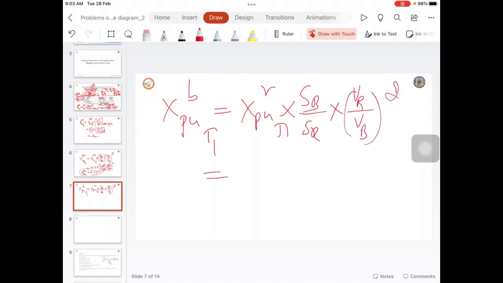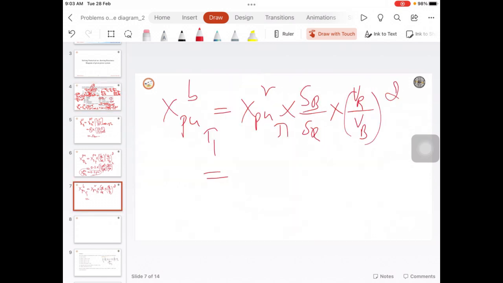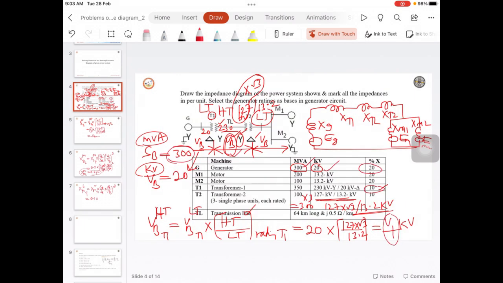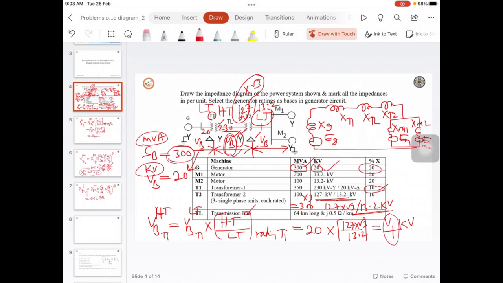The given value for transformer 1 is 10%, that is 0.1. SB we have taken as 300, divided by SR, the transformer 1 rating, which is 350.